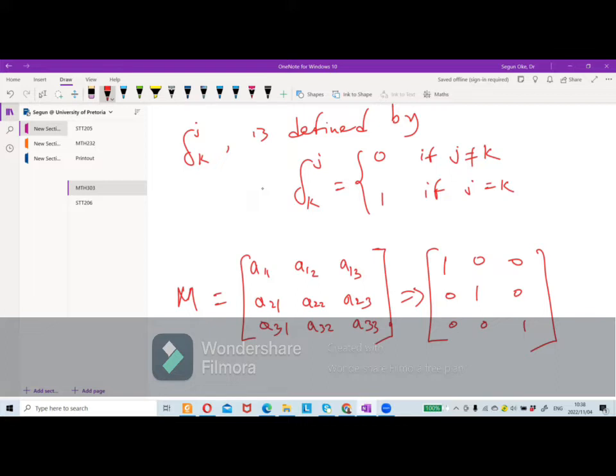But for a tensor of rank greater than 2, how do we express that?